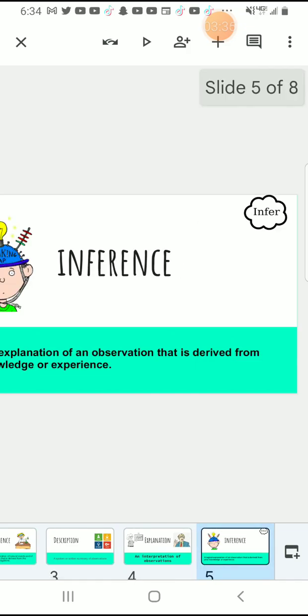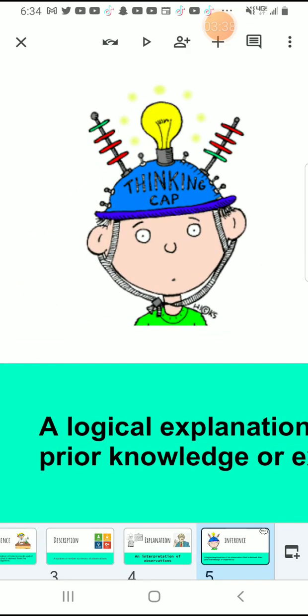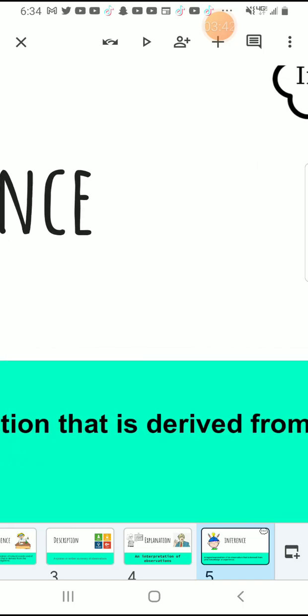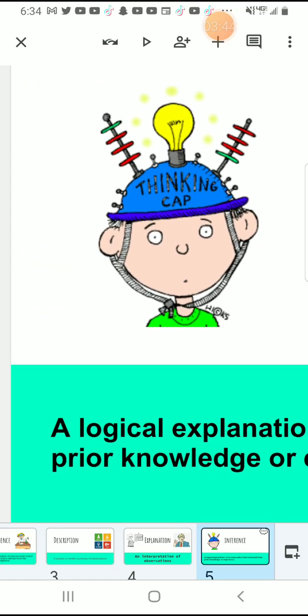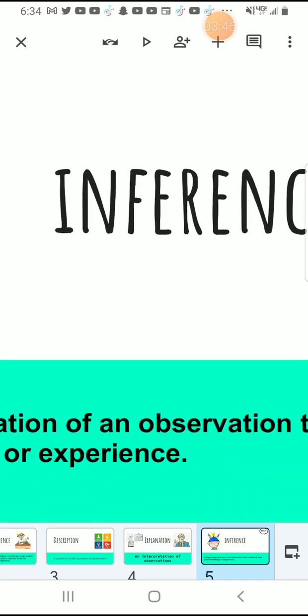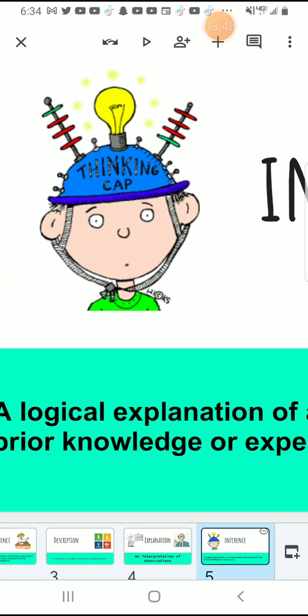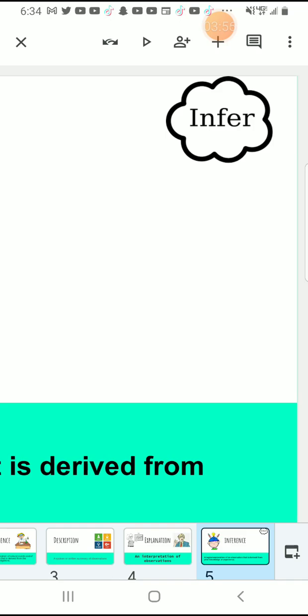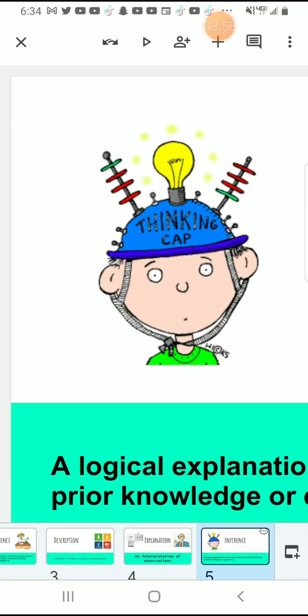Next one, an inference. This is a logical explanation of an observation that is derived from prior knowledge or experience. So you put together the information that you have obtained through your observations, and you compare that with knowledge that you already have to make your inference.